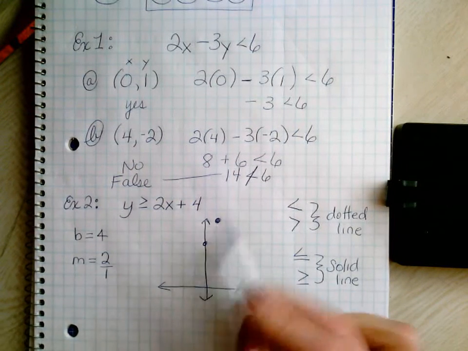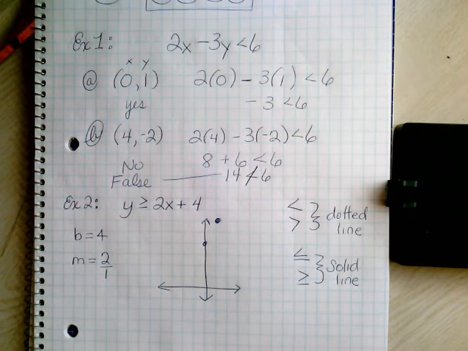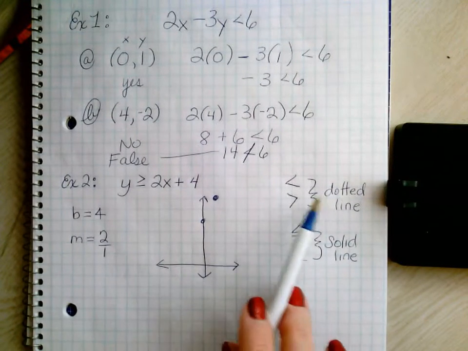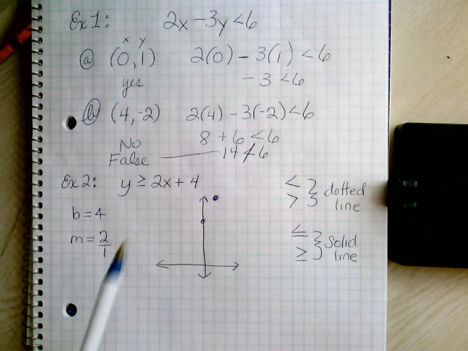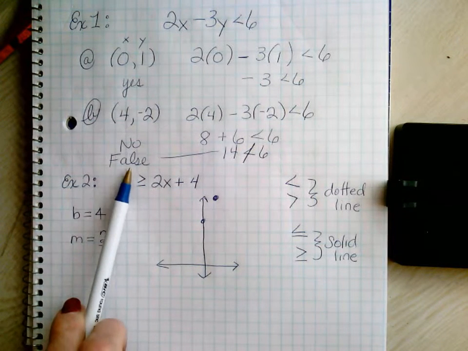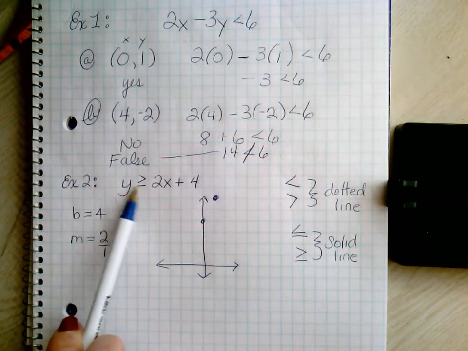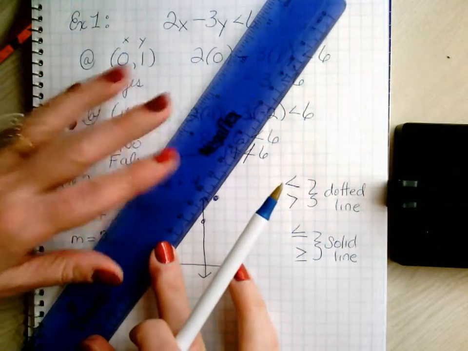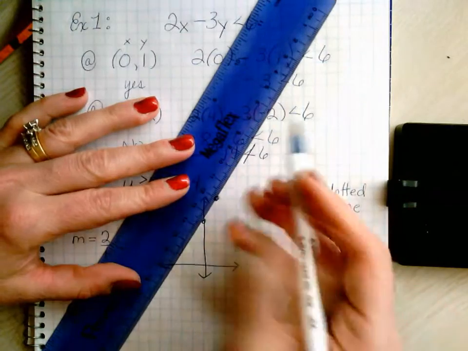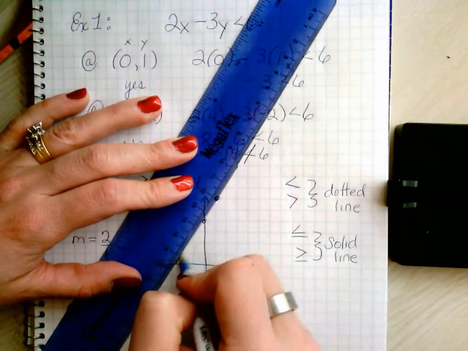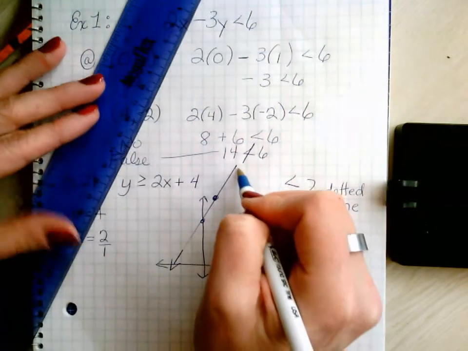Okay, remember we just made a line before. Now this is where it changes a bit. Do I draw a dotted or do I draw a solid? Clearly I'm going to draw a solid because not only is it greater than, but it is also equal to, which means anything that falls on this line is included in the solution, in addition to items that are greater.